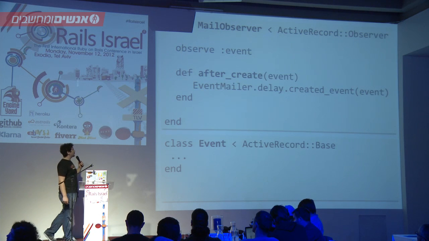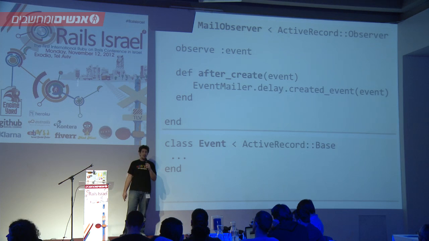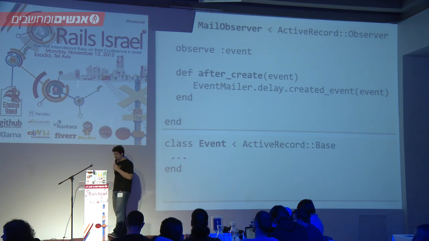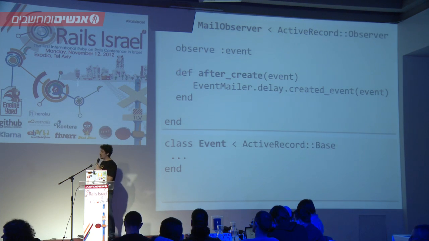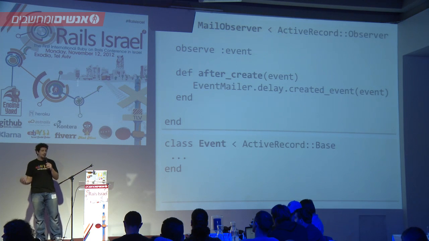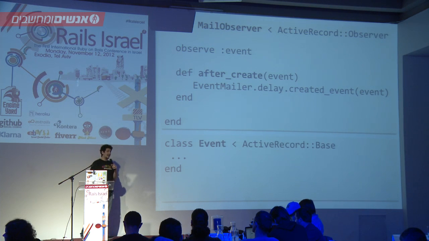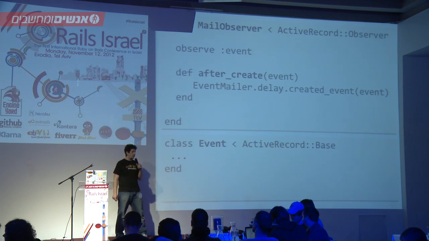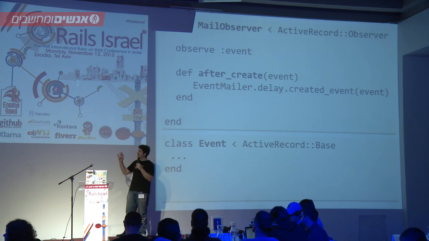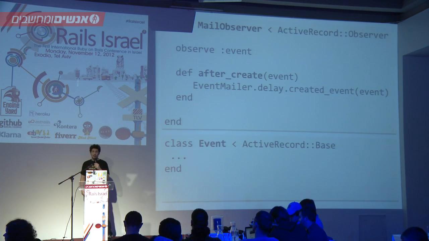In this case, we use a mail observer to send out an email every time we create a new event. Now, this is cool because our event class doesn't have any reference to that behavior even occurring, and it's very clean. It's also easier to test because now we can turn the observers on or off in the test, and we can test this class in complete isolation. And testing is cool.